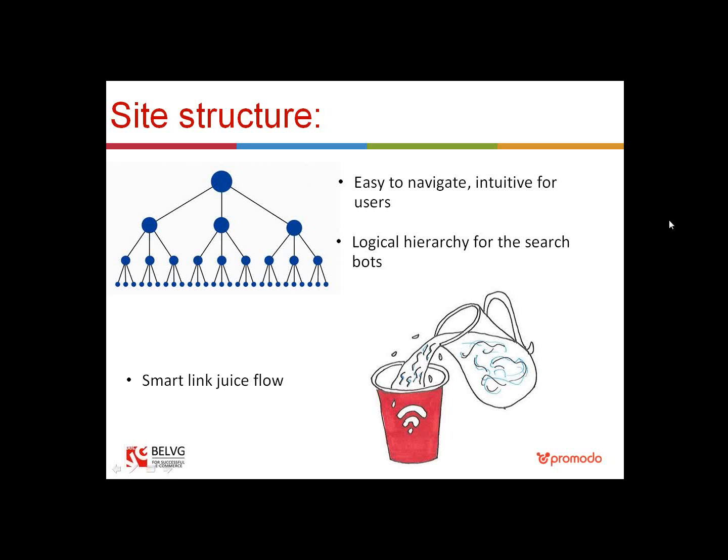I don't quite agree with this, but I will talk about it a little later. Also, it all ensures a smart link juice flow, meaning that the pages that are higher in this hierarchy tend to get more internal links, so more link juice and more value from the point of view of Google.